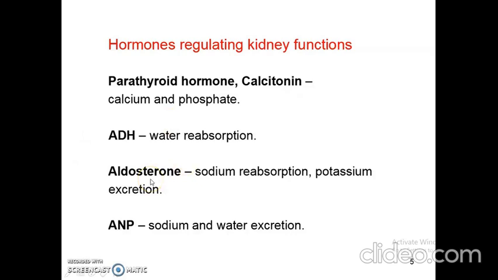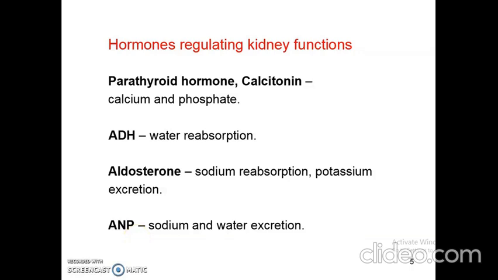And next is aldosterone, the hormone secreted by the adrenal gland. The function of aldosterone is reabsorption of sodium. At the same time, aldosterone facilitates the excretion of potassium. And next is atrial natriuretic peptide. This is secreted by the wall of the atria.